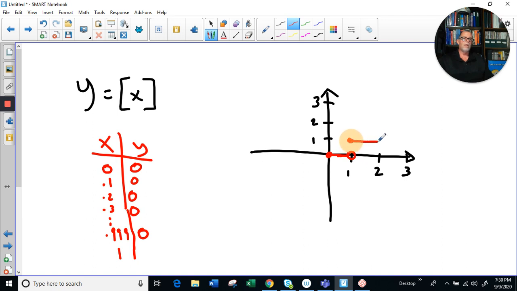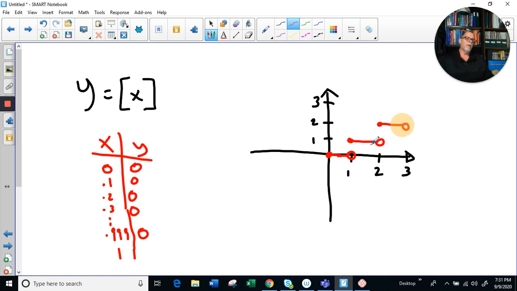And then what happens? 2.1, 2.2, 2.3. All those greatest integers not greater than those values is 2 until we get to 3. And then it jumps. And it's going to keep doing that. All right. Now, if you look at this, what does it look like? Kind of staircase? This is often referred to as a step function.